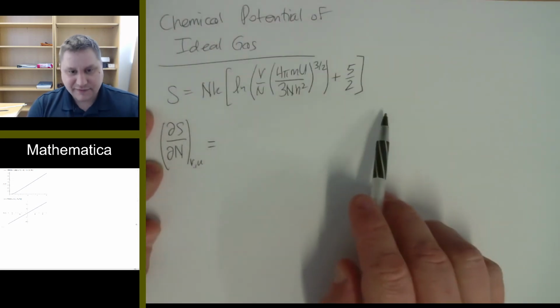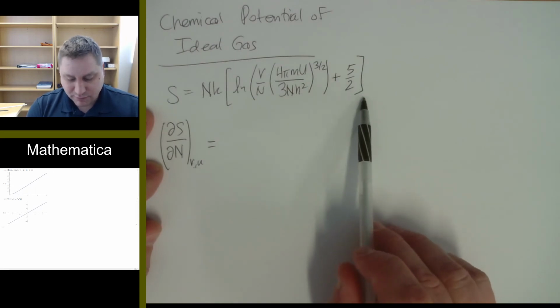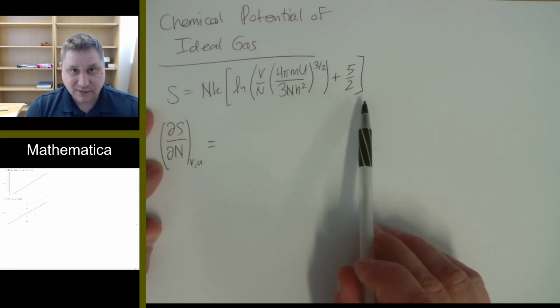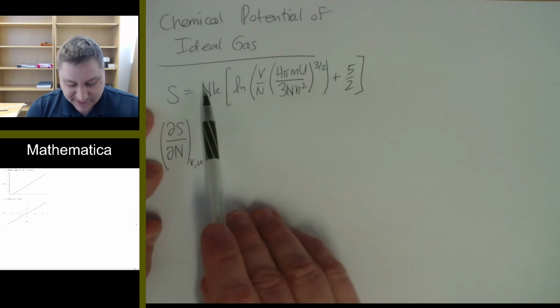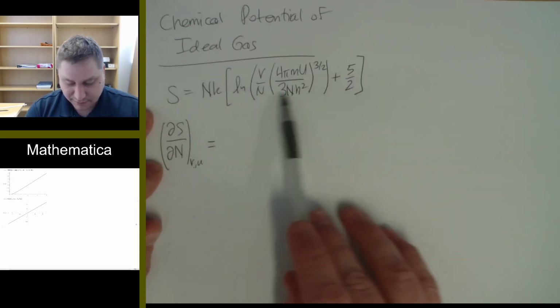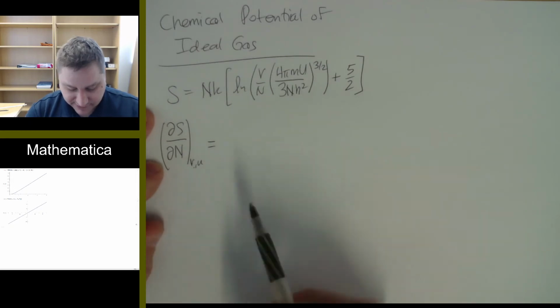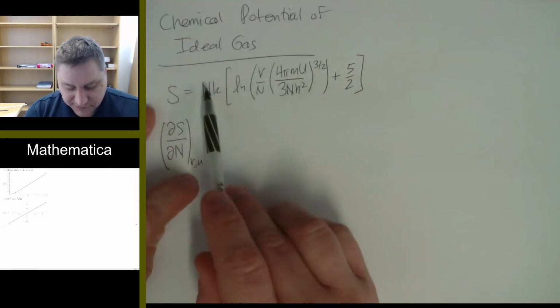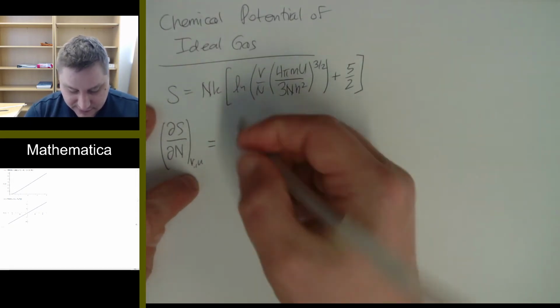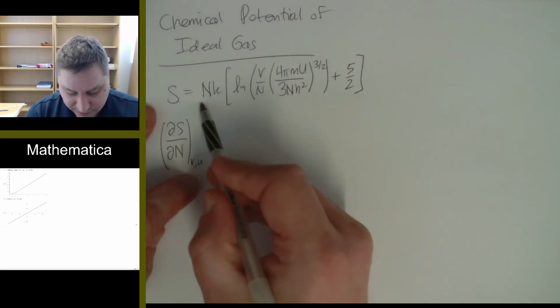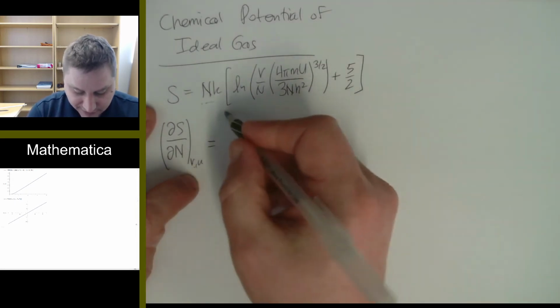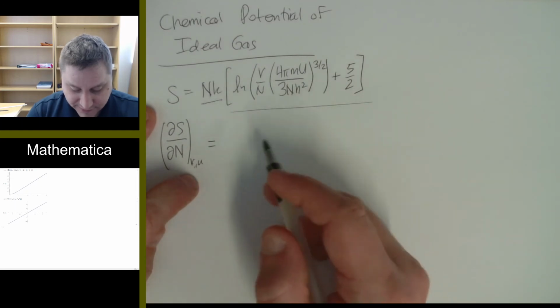Okay, so this derivative is a little bit more difficult than the previous one, so I'm going to do it for you because N appears more than one place now. V is just here, U is just here, but N is in three places. So first, we're going to have this N at the front. We'll have a chain rule between this and this, and a product rule between this term and this term.